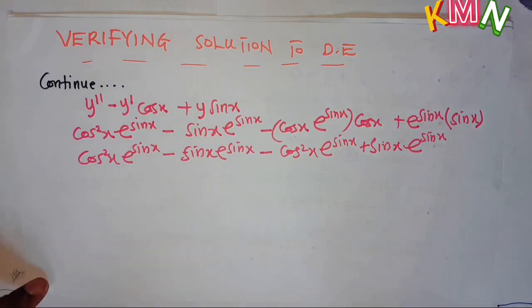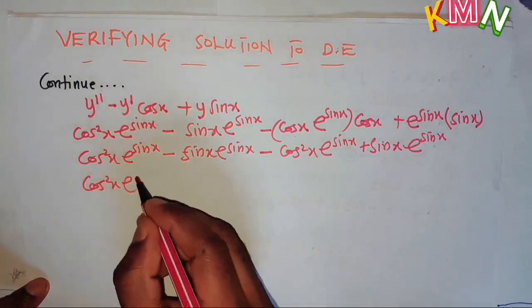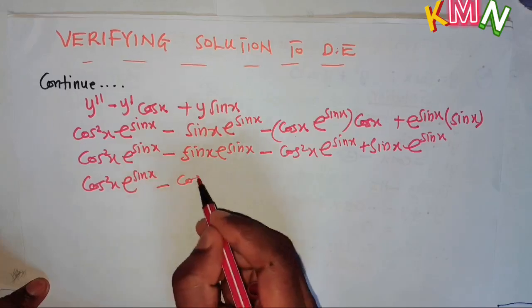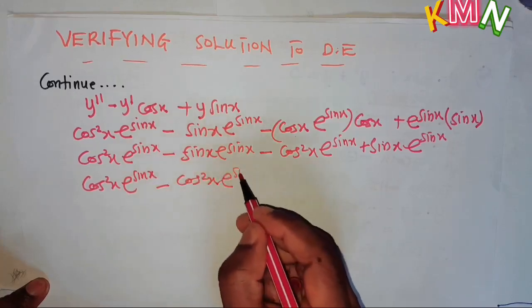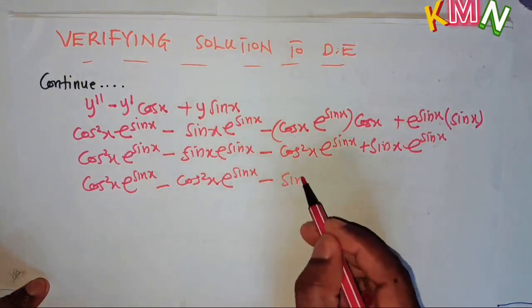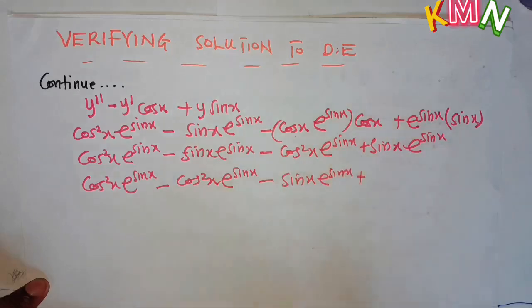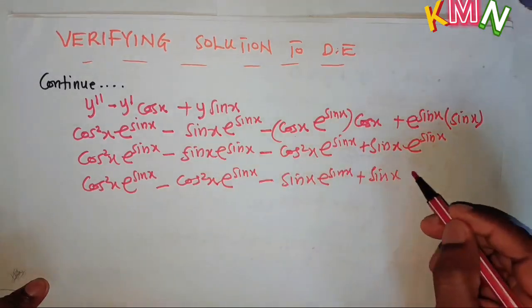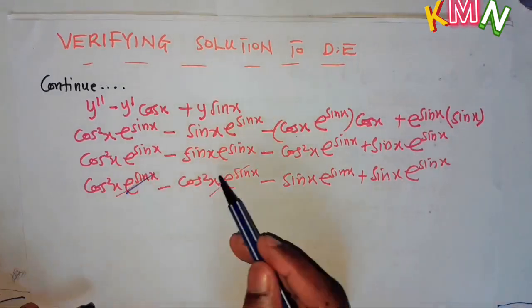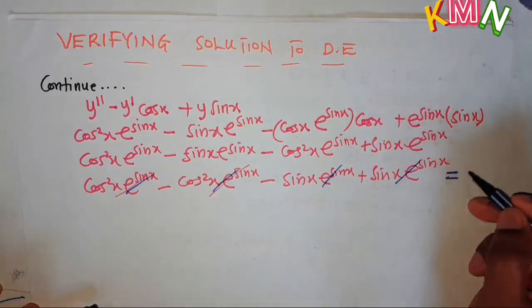So that's what we have. So let's group the like terms. We have cosine square x e power sine x, and this is the same thing, minus cosine square x e power sine x. Then this minus sine x e power sine x plus sine x e power sine x. So you can see clearly that this gets rid of this, and then this gets rid of this, which gives us 0.